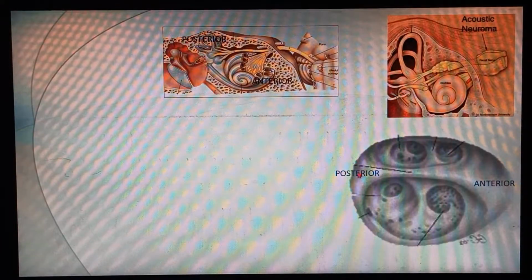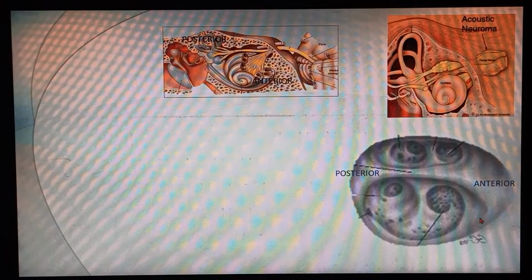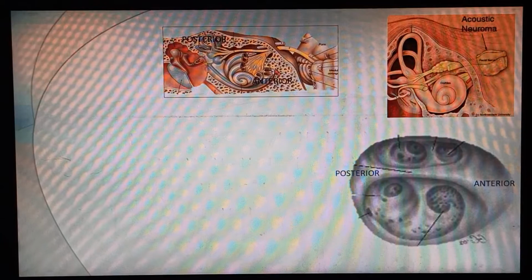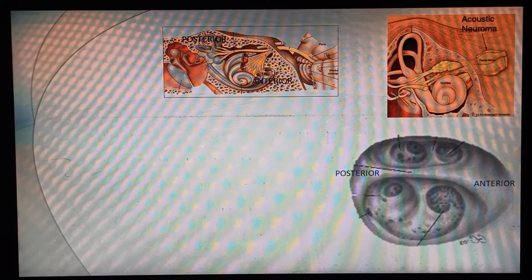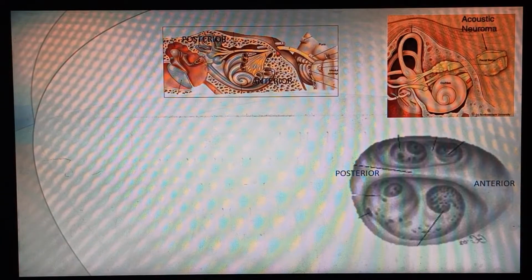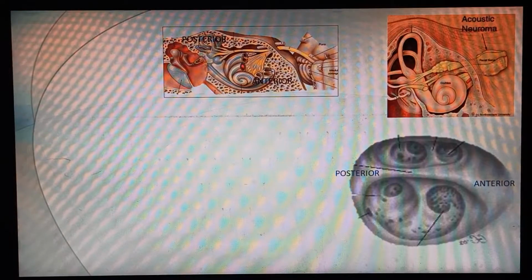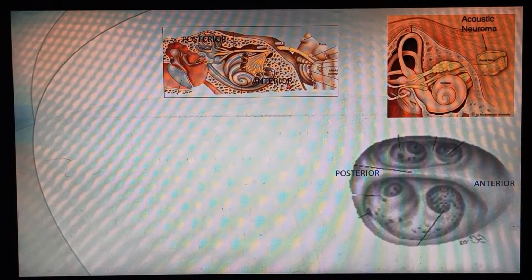When you take a cross section of the internal auditory canal, it will appear like this. This is the anterior end and this is the posterior end. Anteriorly, you can see the cochlea, which is placed a bit inferiorly and anteriorly.